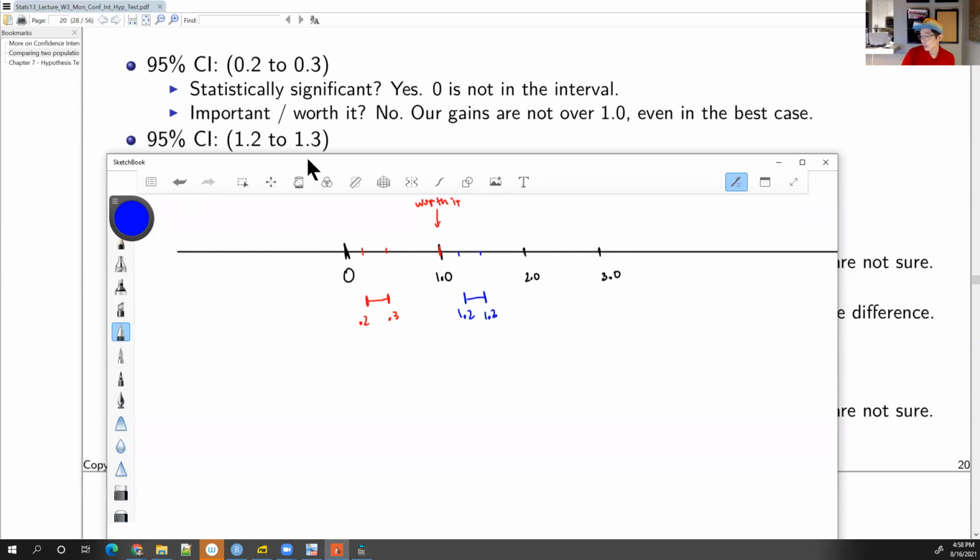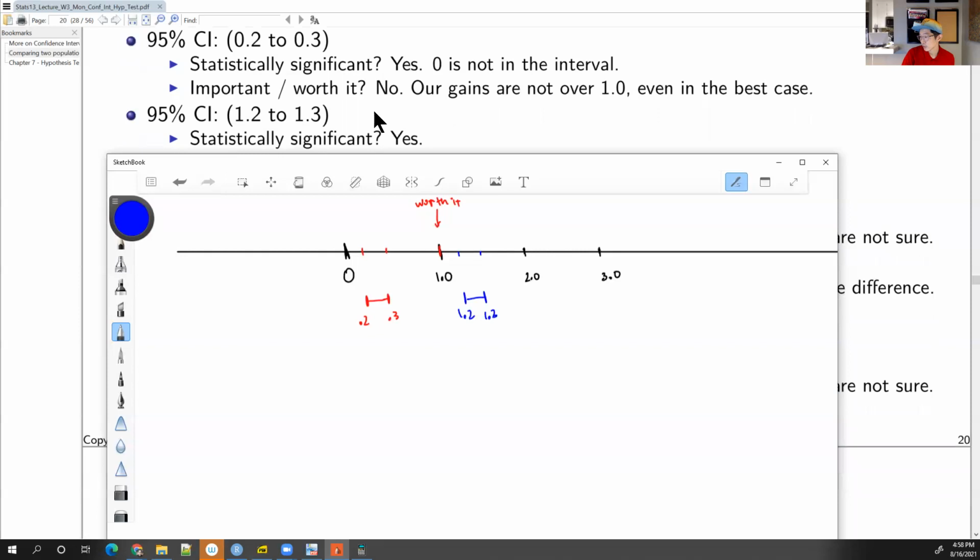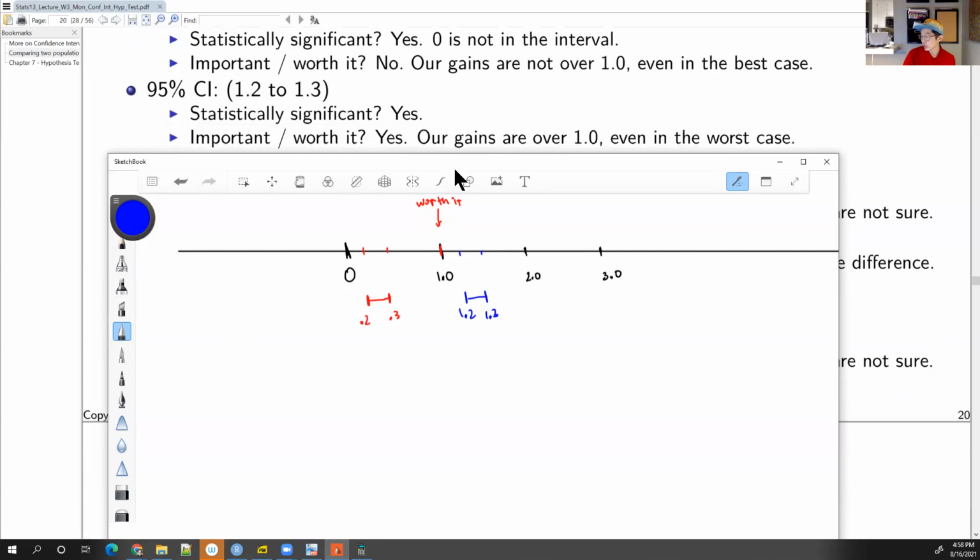So this is statistically significant, okay? Because 0 is not in the interval, right? Our entire interval is above 0. So it is statistically significant. And is it worth it? And the answer is yes, okay?